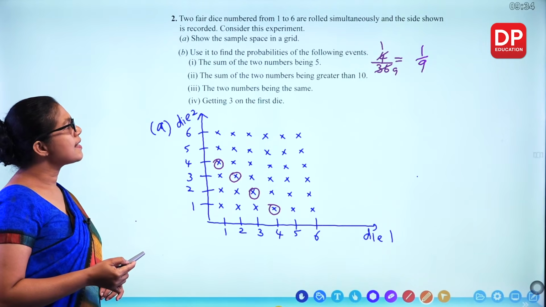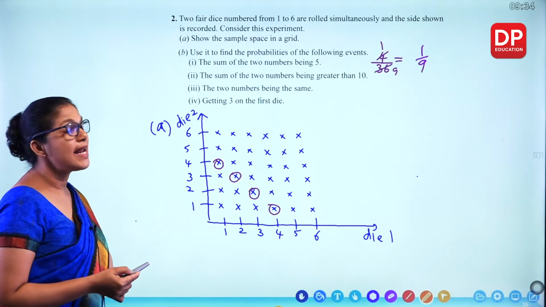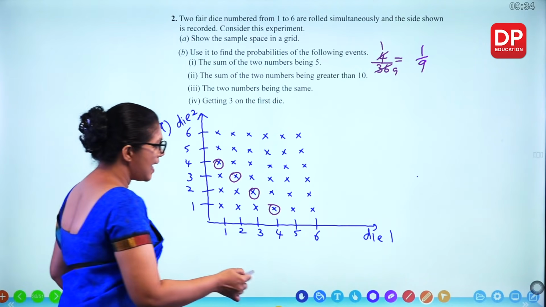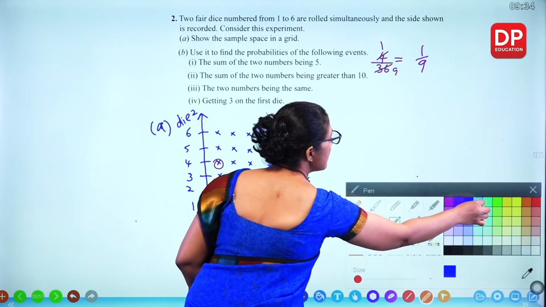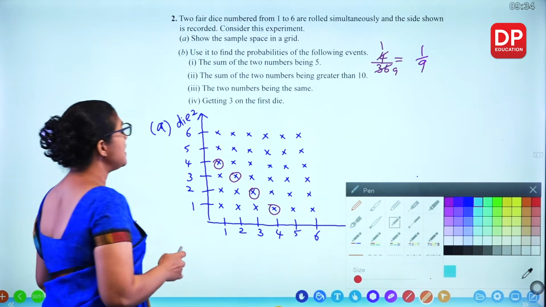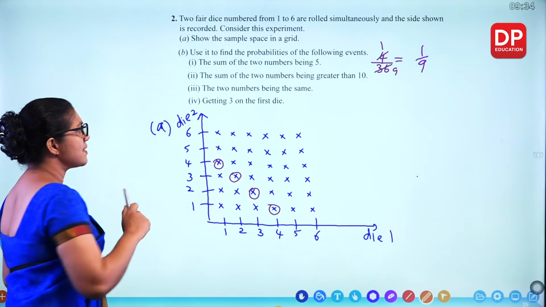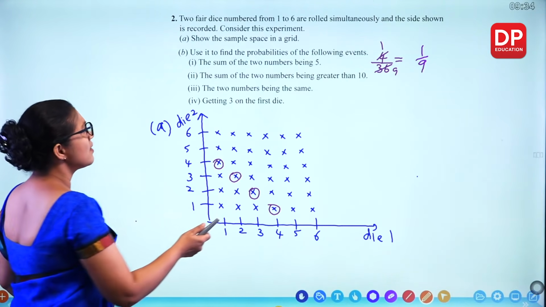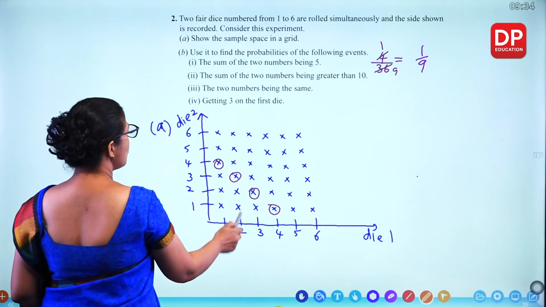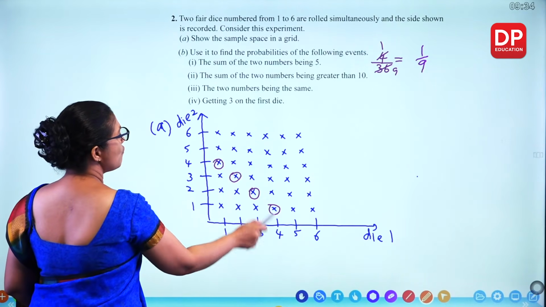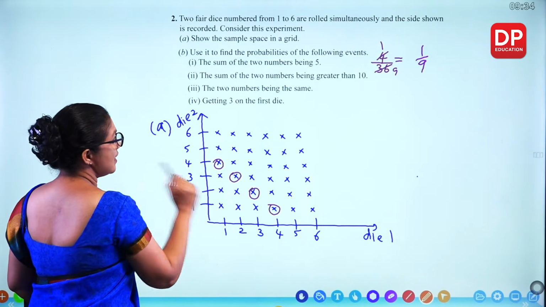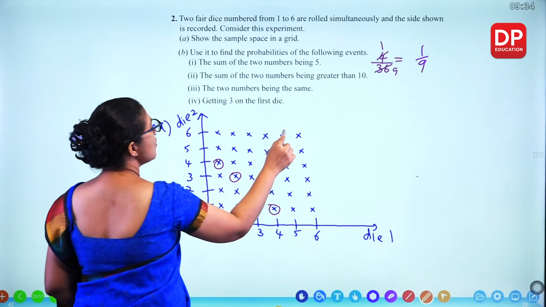Second one, the sum of the two numbers being greater than 10. Greater than 10 means 1 with 6, maximum 7. Here 2 with 6, 8, 3 with 6, 9, 4 with 6, 10, 5 with 6, you get 11.